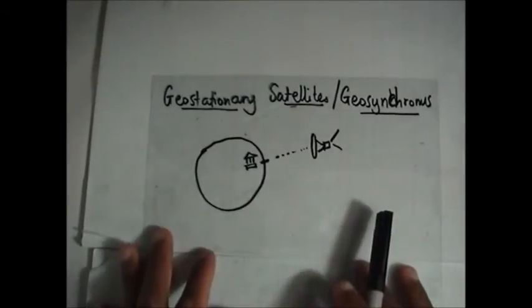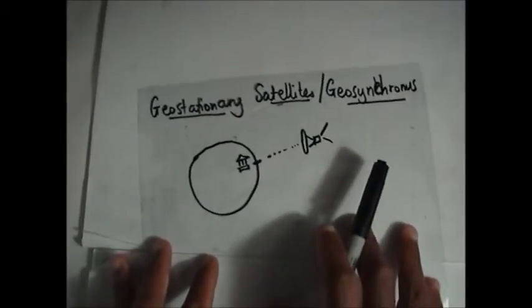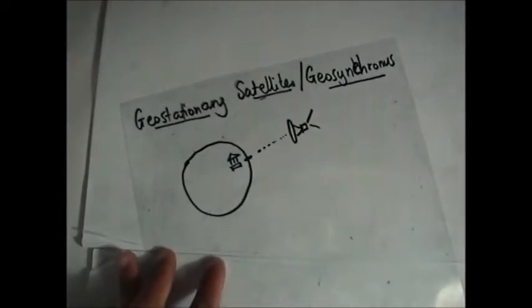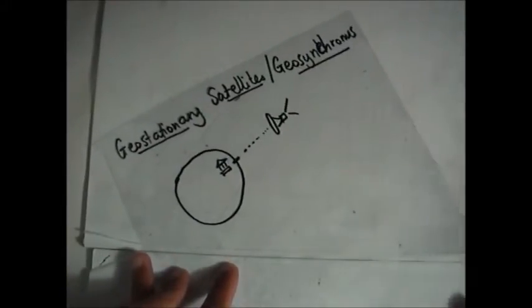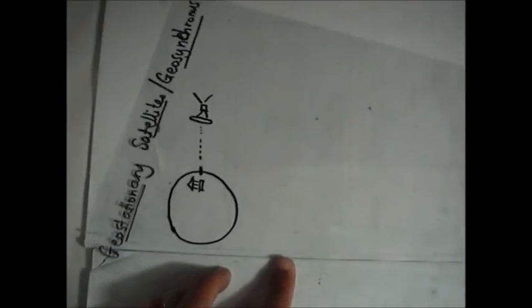Now you know the Earth rotates every day, isn't it? So this Earth is going to rotate. But can you see what the satellite is doing as well? It's staying on top of Wits, spying on the Great Hall, no matter how the Earth rotates.